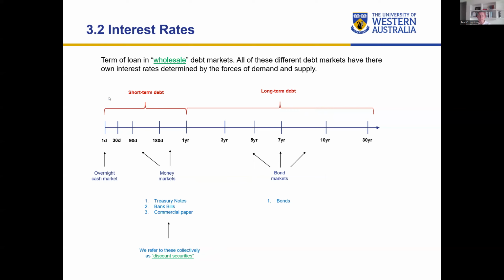They get about 20% by issuing bank bills in short-term debt markets, and they get the other 20% by issuing bank bonds in these bond markets.